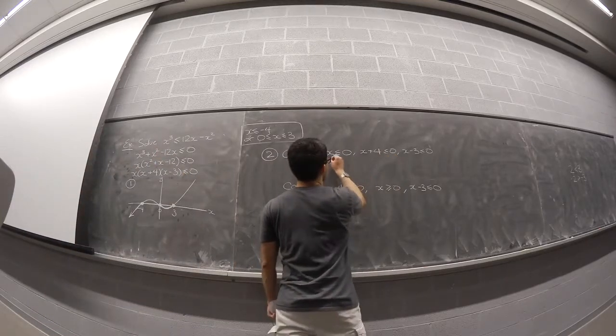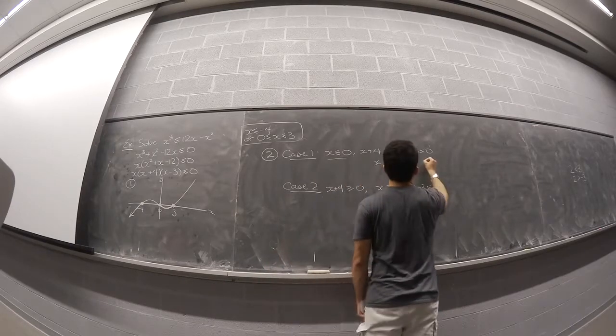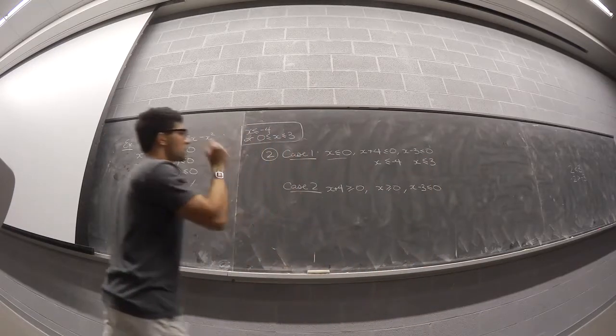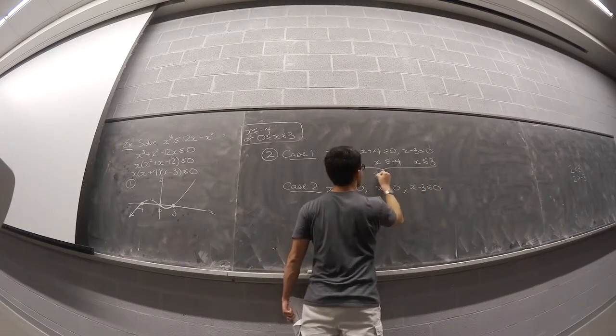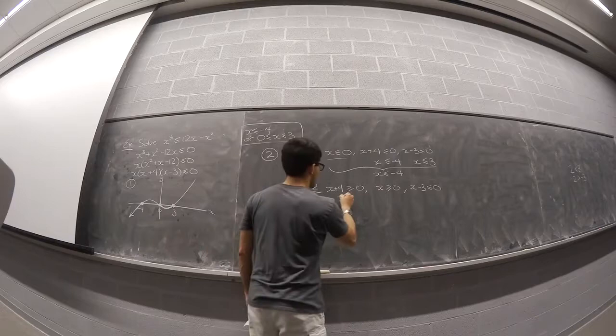So what's this? This is this guy, and this guy. Less than or equal to 0, 3, and minus 4. That's all just like saying x is less than or equal to minus 4. What's this?